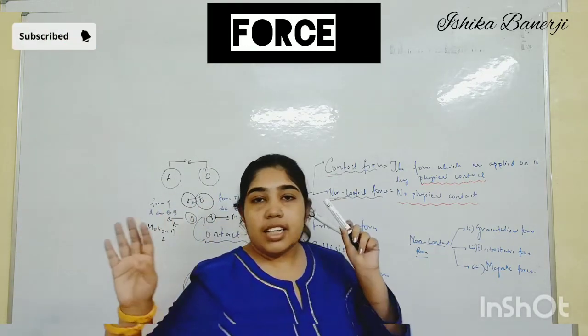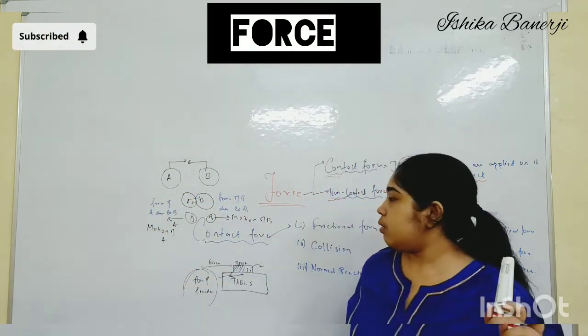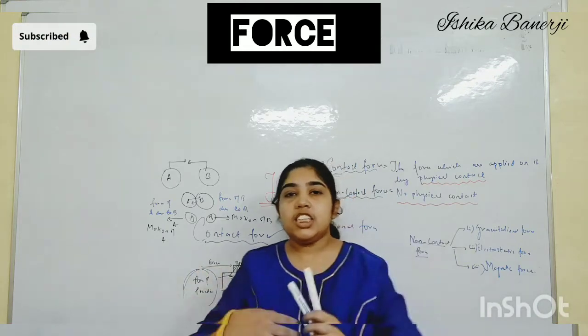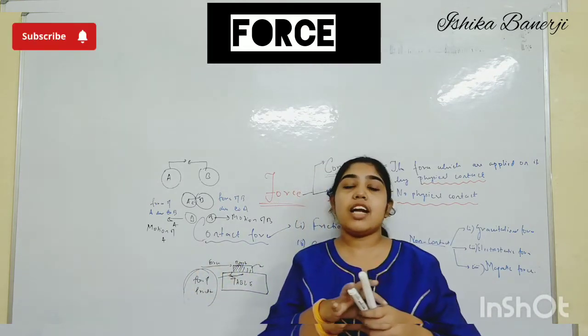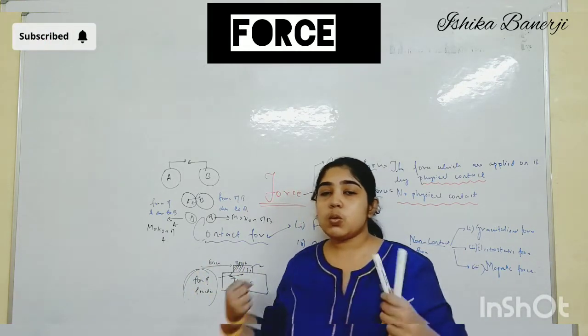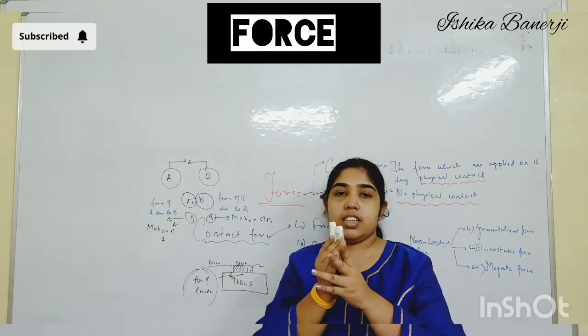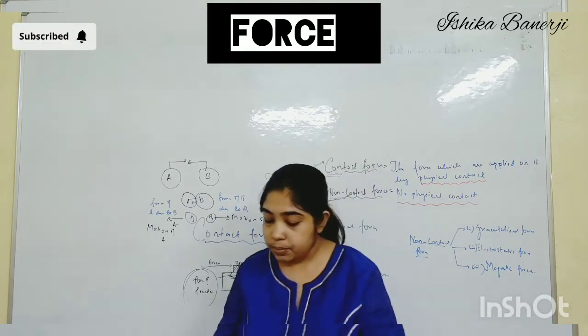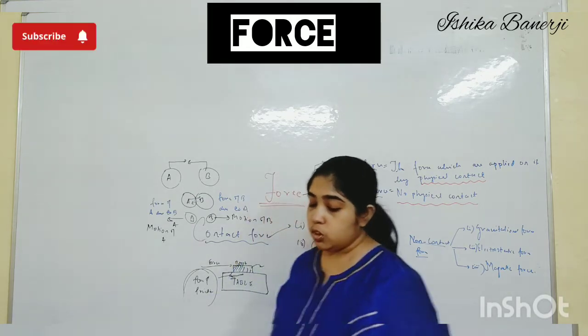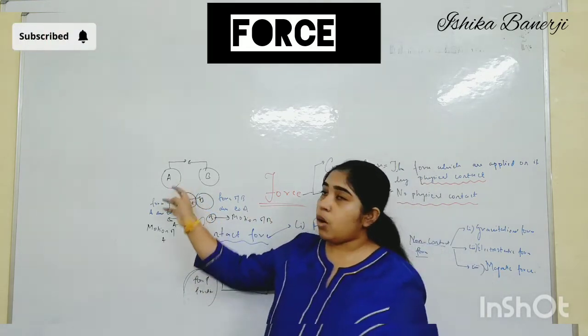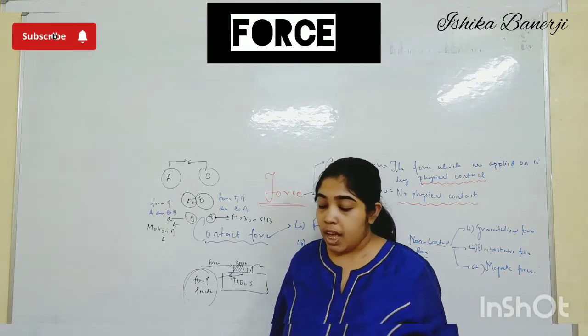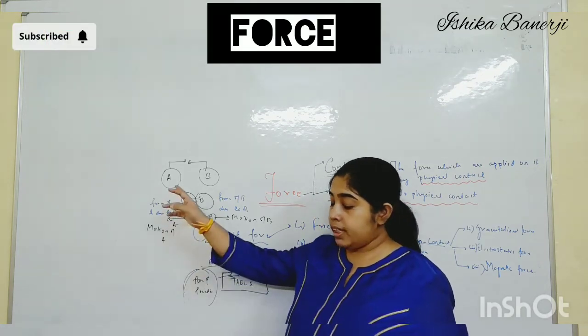Understood? This is what is collision. Colliding with each other. The word collide means colliding with each other. So two bodies are moving towards each other. Next, this is two bodies during collision.